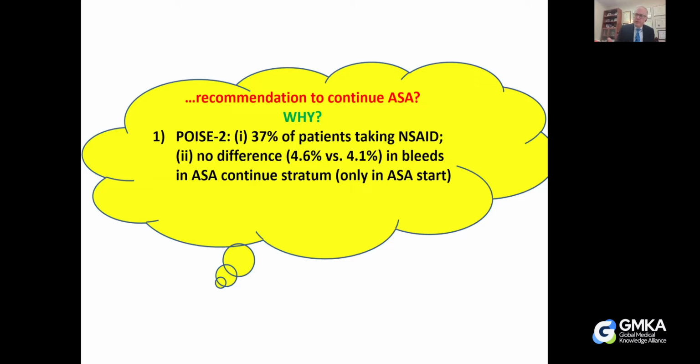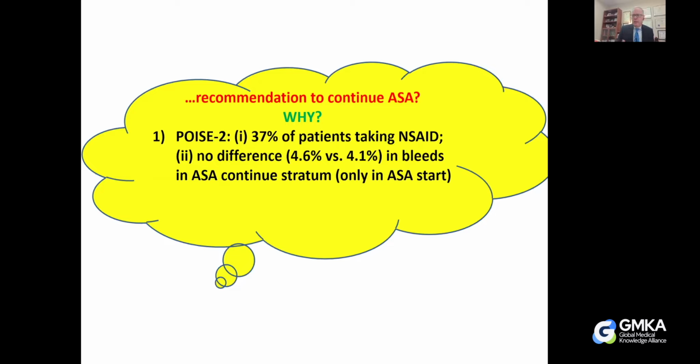However, even though this study showed that patients who are continuing aspirin had a higher risk for bleeding, there are two things that swayed the committee to recommend not to interrupt aspirin as the study might have suggested, but to continue it. And these two factors were this. The first was that about a third of the patients were taking an NSAID.